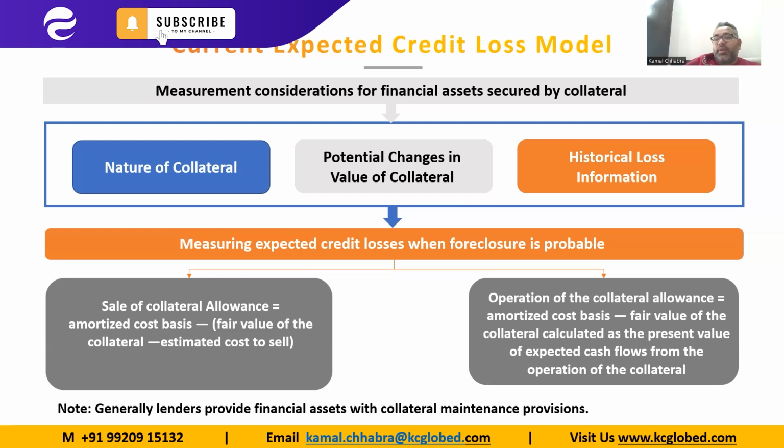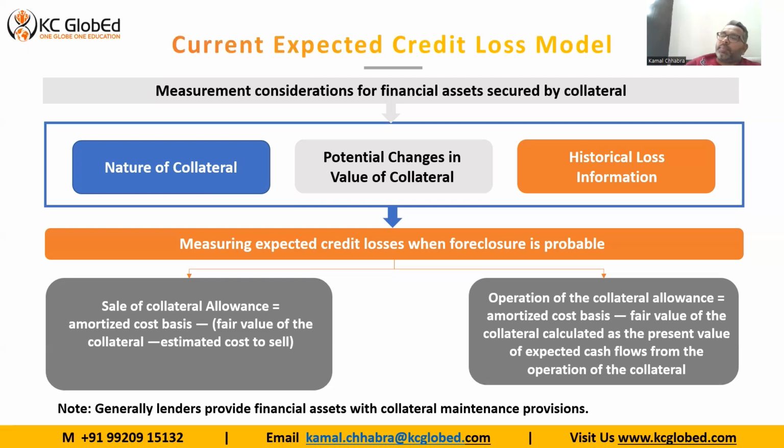In that scenario, you need to consider the amortized base of the asset minus the fair value of the collateral, which is calculated based on the expected cash flow from the operation which you have received, right? Or the second thing is a home loan you have given, and you have taken the home papers as collateral.